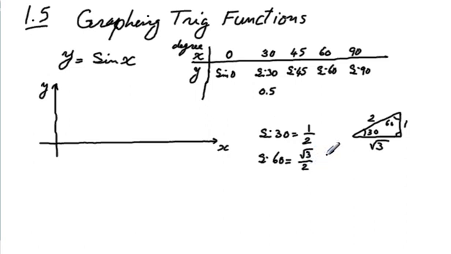Of course, we need the decimal value of these things for graphing purposes. What is radical 3 over 2? You can use your calculator or you can memorize. So what does your calculator say? Radical 3 over 2, 0.86.